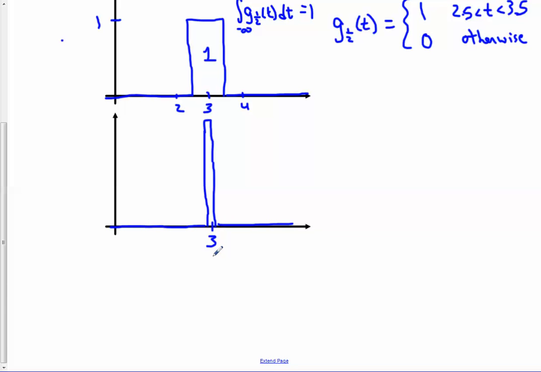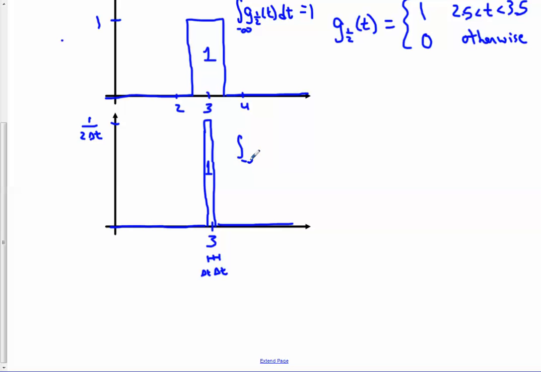We can imagine that from 3 to the right there is delta t, and from the left-hand side to 3 is also delta t. So the total amount of time is 2 delta t, and the height of the function is 1 over 2 delta t. This would be a rectangle that's 2 delta t in width and 1 over 2 delta t in height. So again, it would have an area of 1.